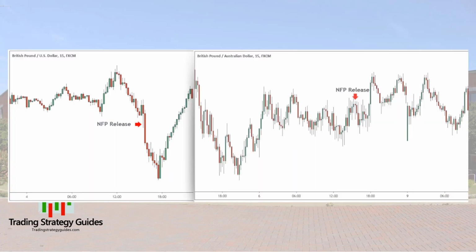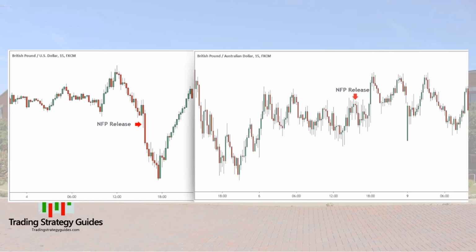For example, see how the Great British Pound US Dollar on the left reacted to the recent NFP release compared to the Great British Pound Australian Dollar on the right. The Pound US pair had a substantial price movement as compared to the Pound Australian pair, which barely moved.